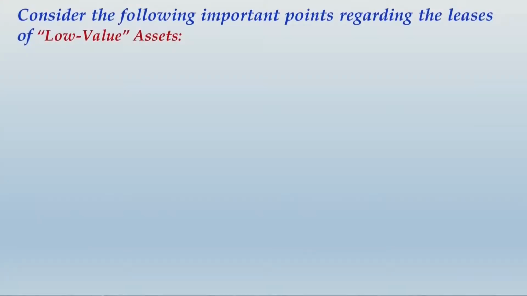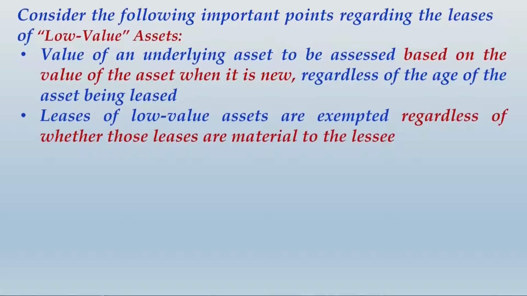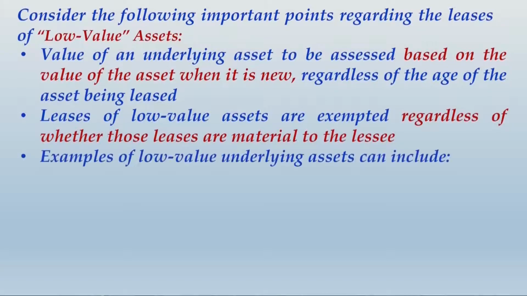Consider the following important points regarding the leases of low value assets. Value of an underlying asset is to be assessed based on the value of the asset when it is new, regardless of the age of the asset being leased. Leases of low value assets are exempted regardless of whether those assets are material to the lessee.